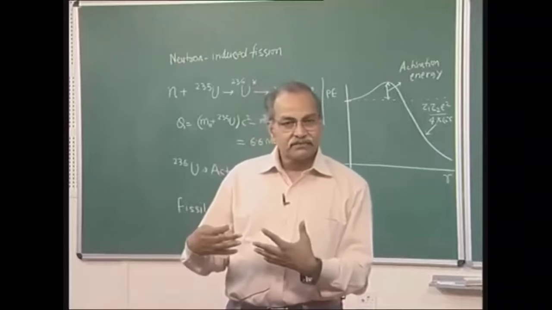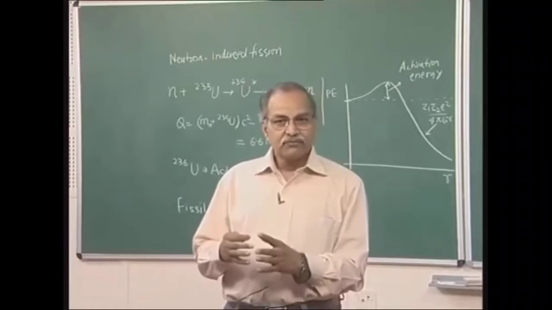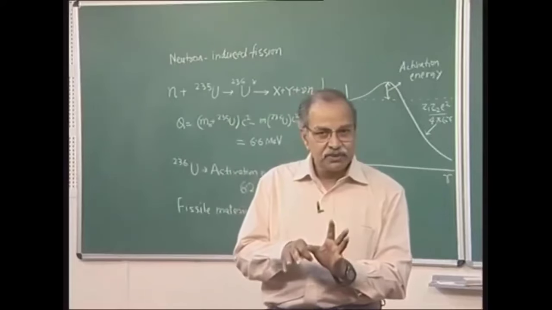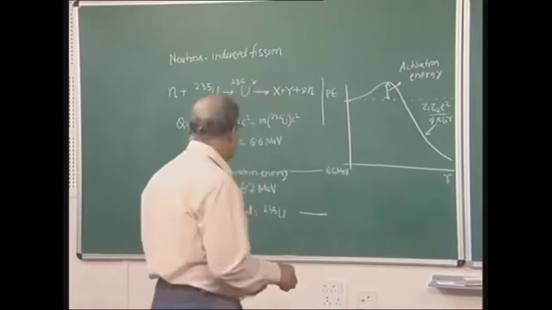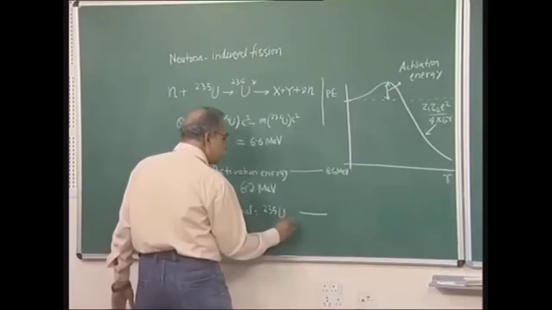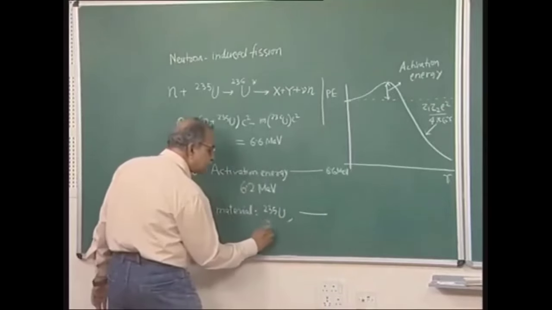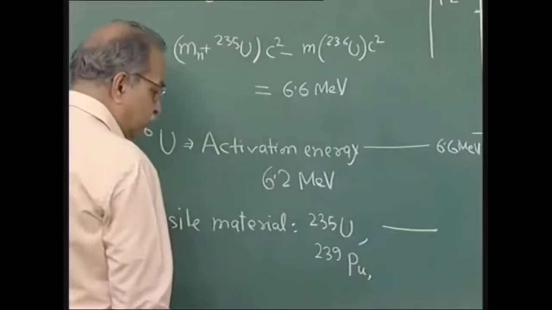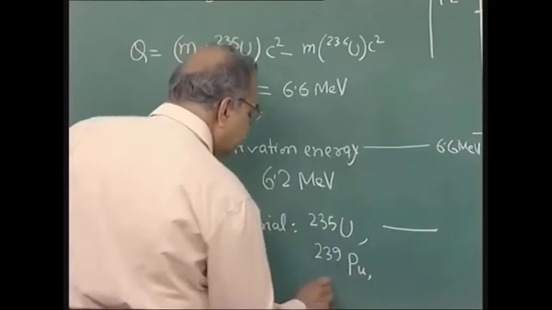So, that is a fissile material. Uranium 235 is one of the fissile materials. There are other fissile materials like plutonium 239, right. You can have a fissile material like 239 plutonium, or 233 uranium also.